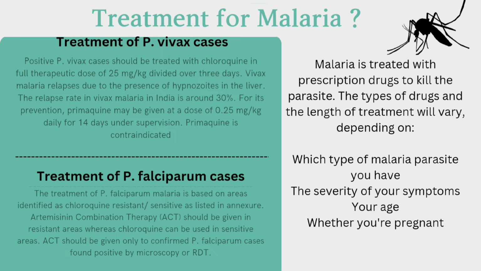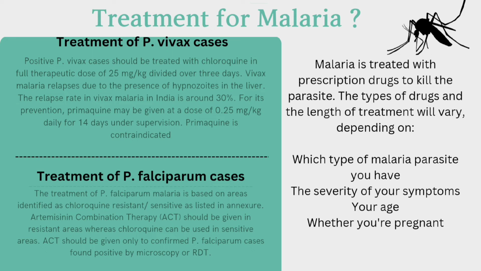Positive P. vivax cases should be treated with chloroquine in a full therapeutic dose of 25 mg/kg divided over 3 days. Vivax malaria relapses due to the presence of hypnozoites in the liver. The relapse rate in Vivax malaria in India is around 30%.